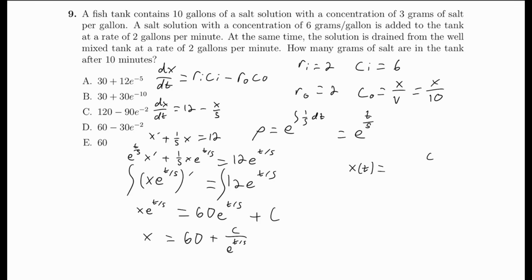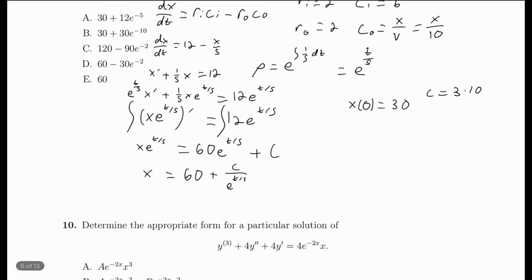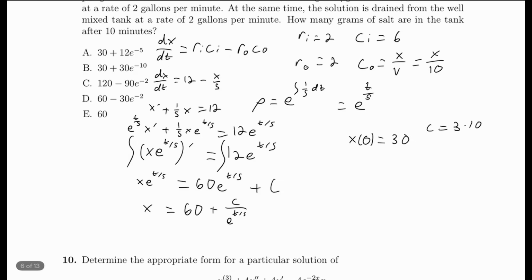So our concentration is equal to 3 times 10. So our x of 0 is equal to 30. We can use that given initial condition to go ahead and actually solve for our c here. So we know that 30 is equal to 60 plus c over e to the 0, which is 1, and that shows us that c is equal to negative 30.